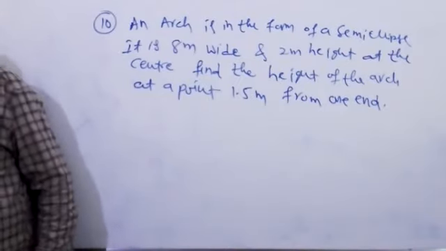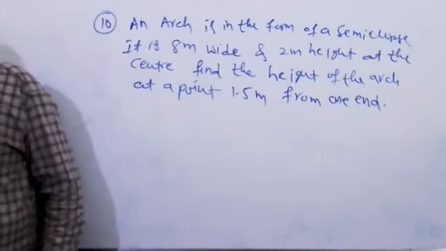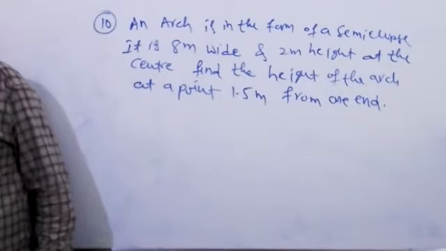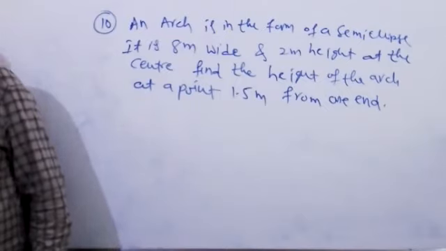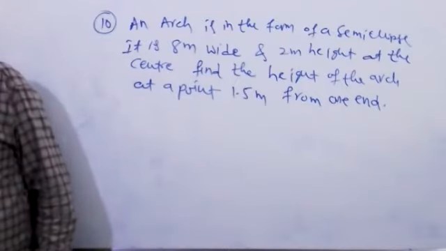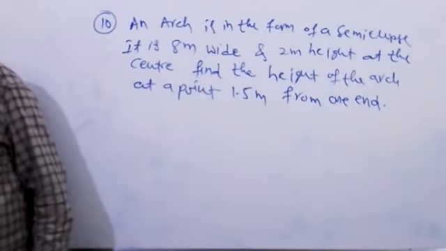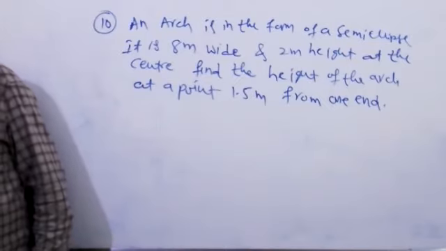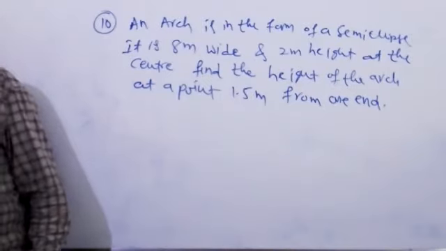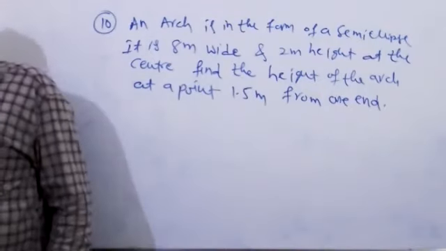Sir, I got 1.66. Yeah. Square root of 39 upon 4. That is the answer. Sir, what's the answer? Square root of 39 upon 4 m. I got square root of 9.75 upon 4. 9.75 approximately 2 point something, right?